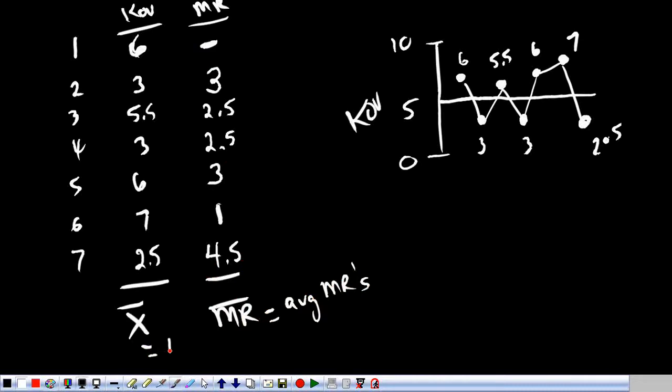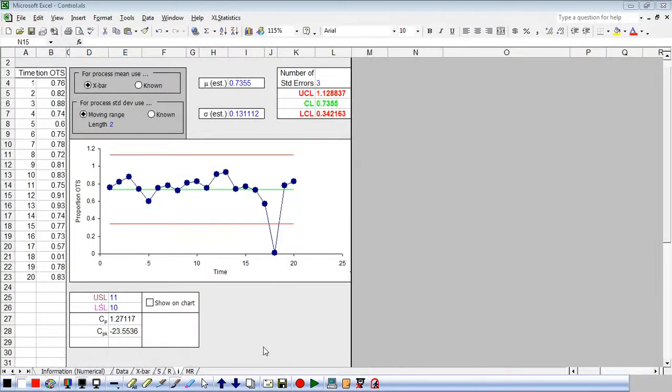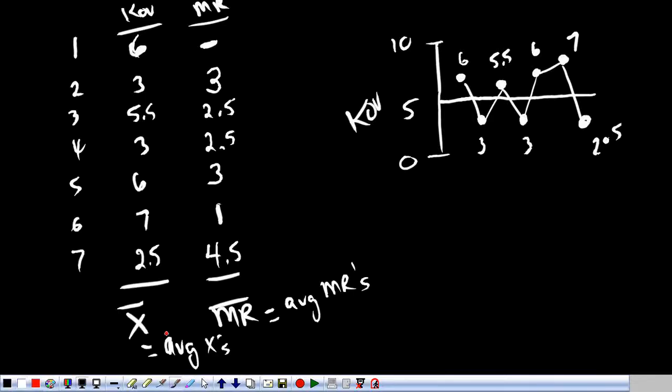Okay, equals the average MRs. X bar is equal to the average of each of the X's. Now this guy simply goes, let me do my palette here, green. There we go. This guy right here simply goes right here for the center line.